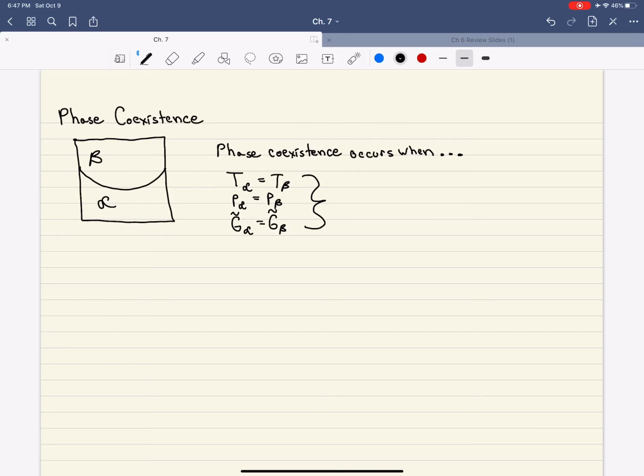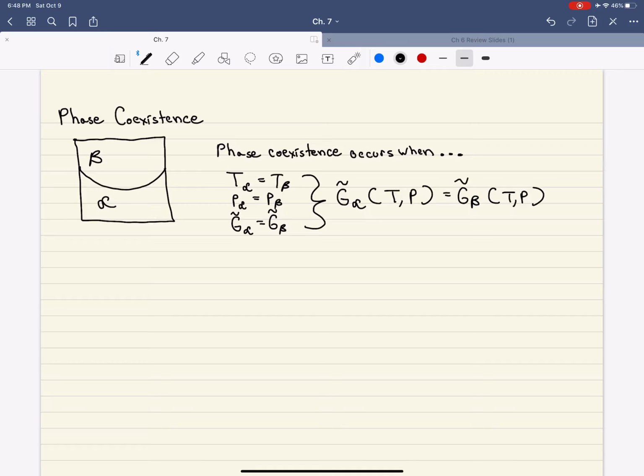We could sum up all these criteria into one equation, where we just say that the molar Gibbs energy of the alpha phase at some temperature and pressure is equal to the molar Gibbs energy of the beta phase at that same temperature and pressure.